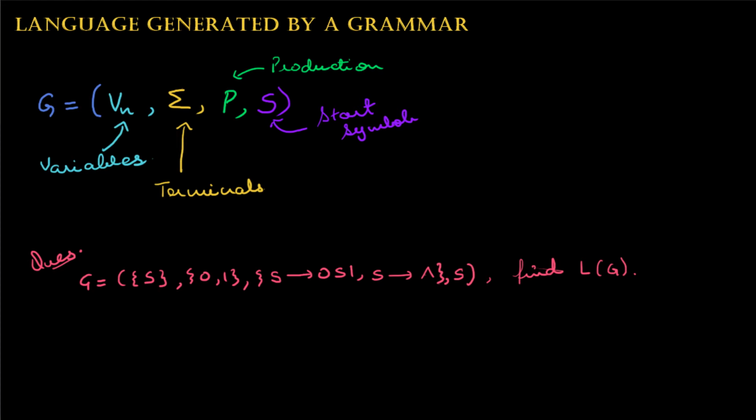So let's start with what is VN. VN will be the very first set. If this is a question which is provided to you, and you can see here it's written G, and we've got four different and distinct sets, and it is written find L(G), which means find the language of the grammar provided. Before the very first comma, you can see there is a set called S, and this is actually the variables.